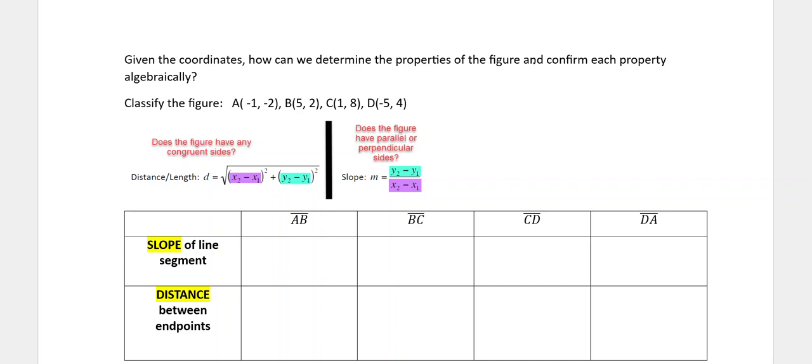We'll also use the slope formula to identify parallel or perpendicular sides. In many of our quadrilaterals, we can prove opposite sides are parallel by comparing slopes, or we can prove adjacent sides, two sides beside each other that meet to form an angle, are or are not perpendicular, telling us if there is or is not a right angle.